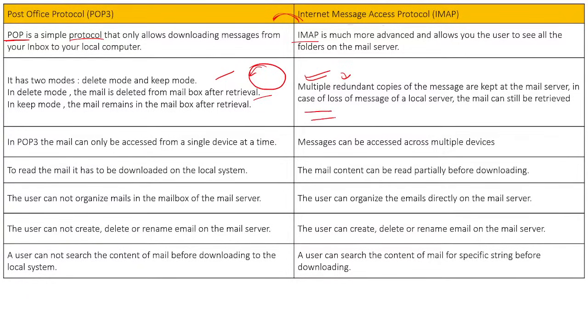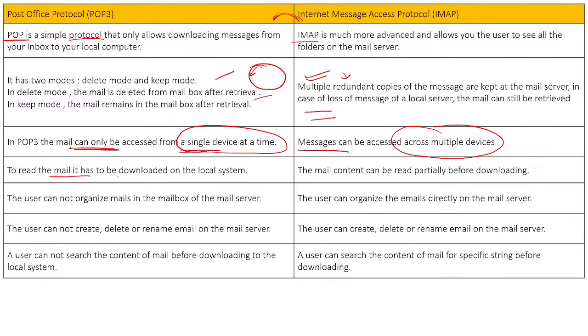That is the difference. So POP mail can only be accessed from a single device at a time, because the application will be installed on a single device, whereas IMAP can be accessed everywhere because you are directly connected with the server.